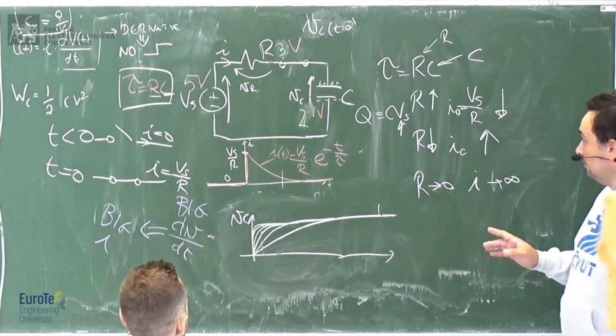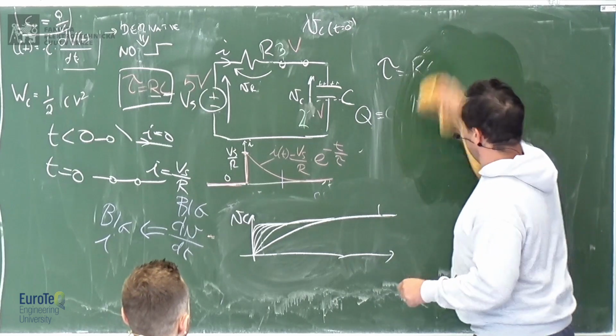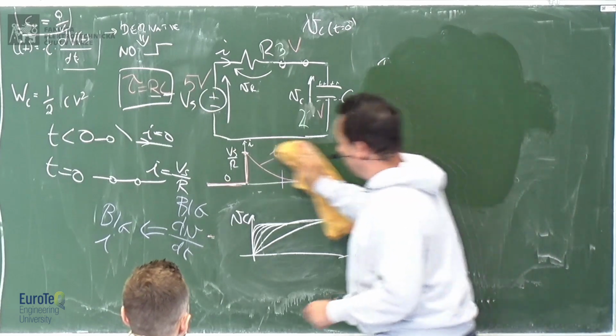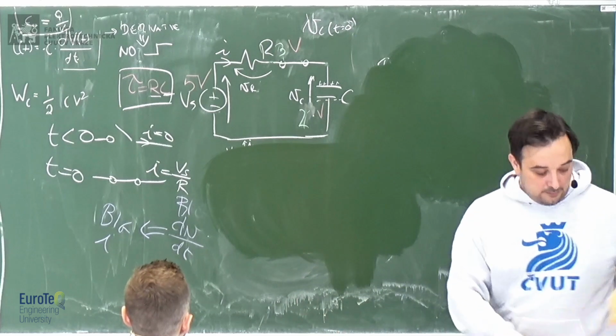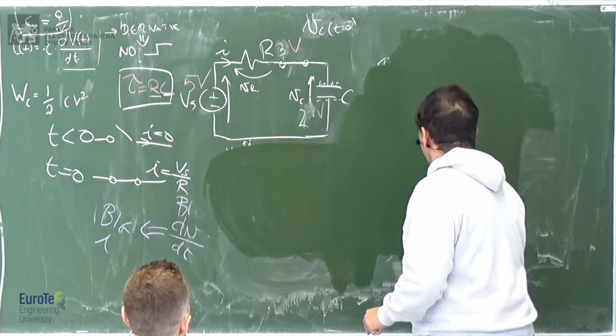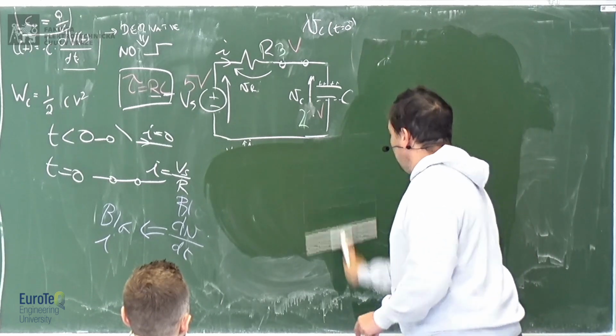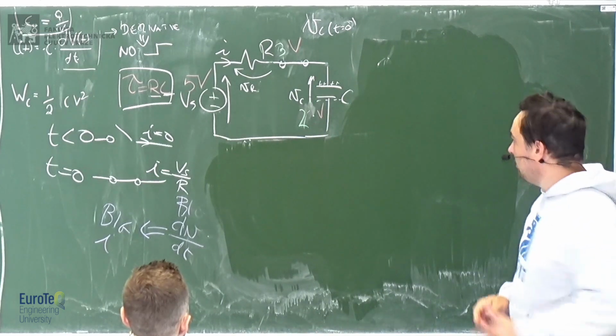Now, let's say that we charge our capacitor and arrive at the point where the transient is over. We charge completely our capacitor.